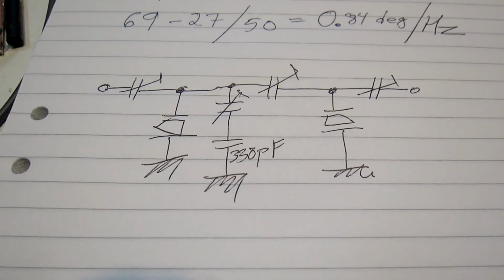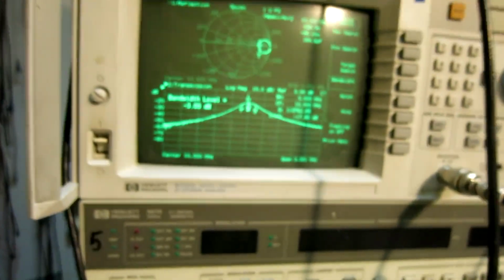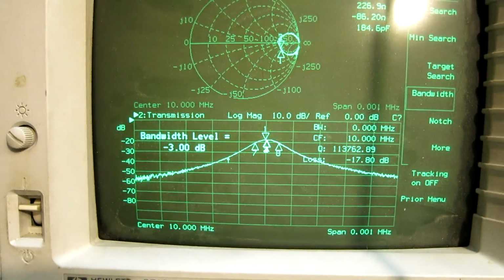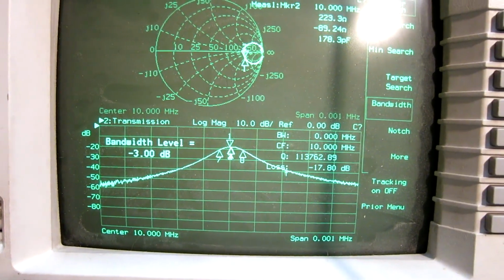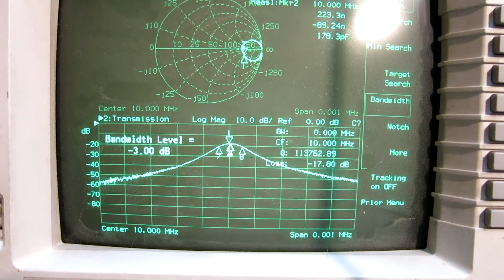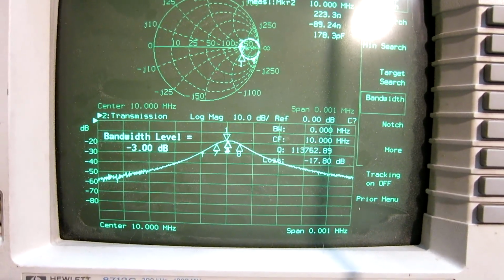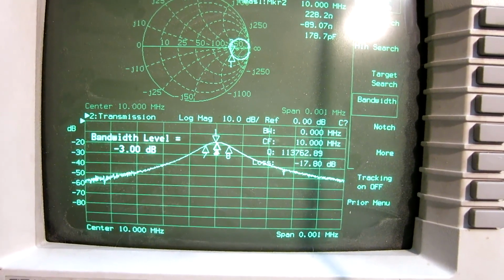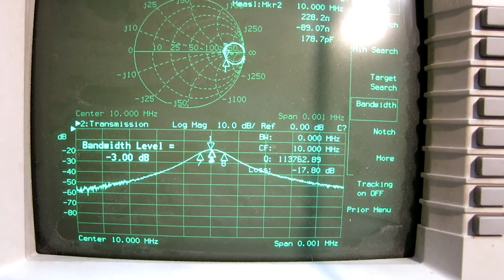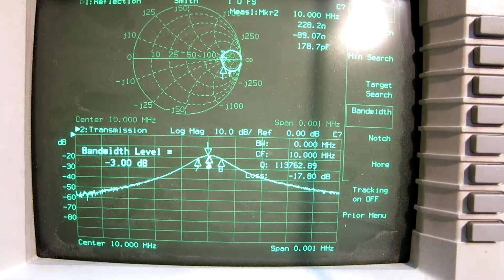I have added one more crystal like this, and that changes the filter, as you can see here. The crystals are loosely coupled, attenuation is much larger, but Q is also much larger.